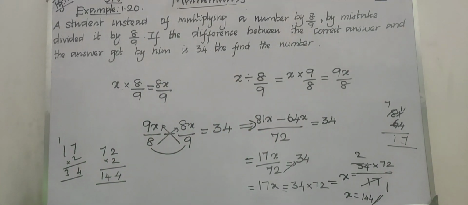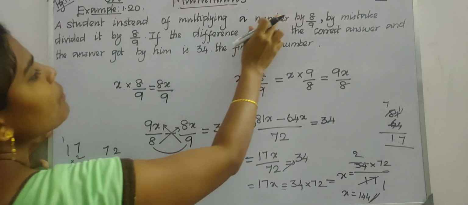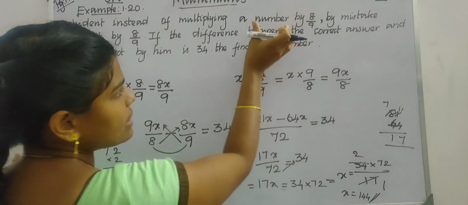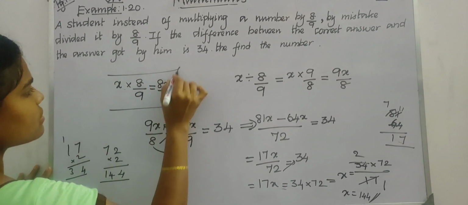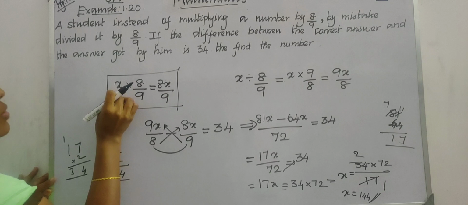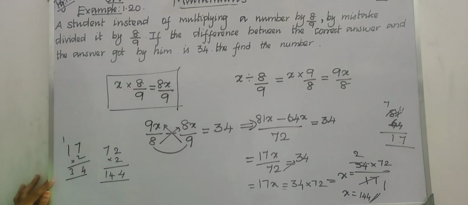Simply, what was given in the question? A student, instead of multiplying a number by 8 upon 9 by mistake. First of all, let me consider that number as x. So x into 8 upon 9 equals 8x upon 9.